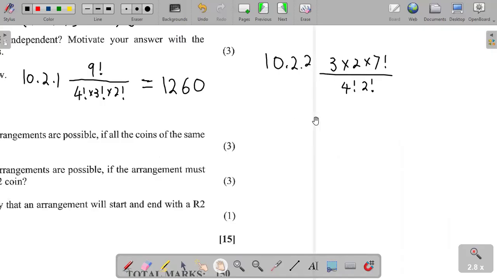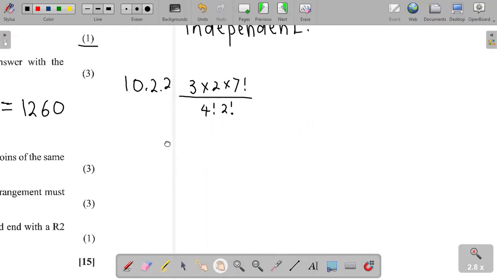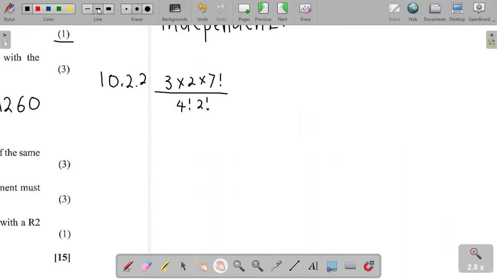And then you use a calculator. So it gives me 630.